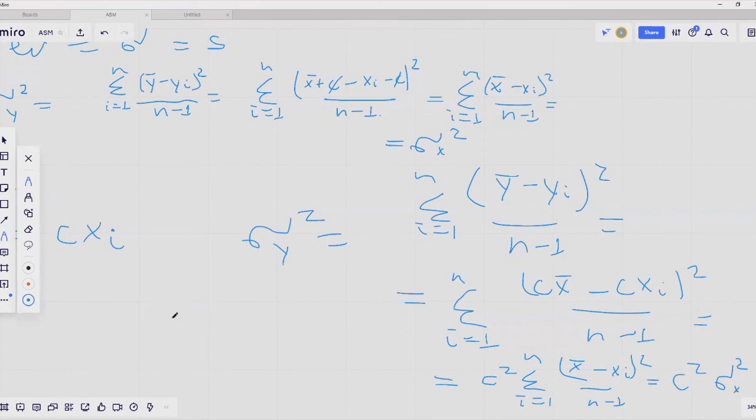So the variance of the scaled sample is equal to c squared times the variance of the original sample. Then the standard deviation is going to be equal to the absolute value of c multiplied by the standard deviation of the original sample.